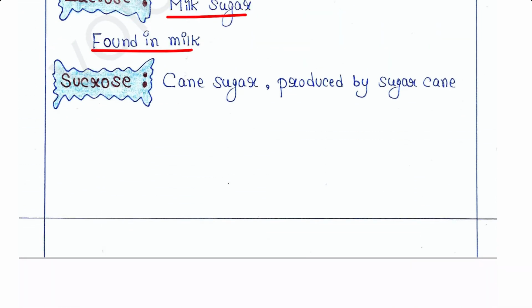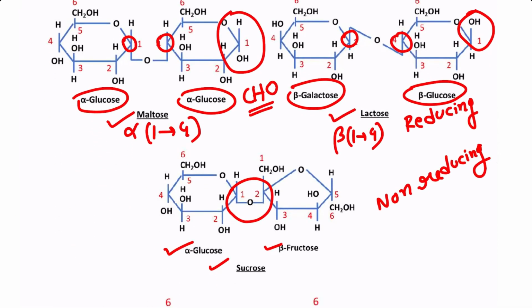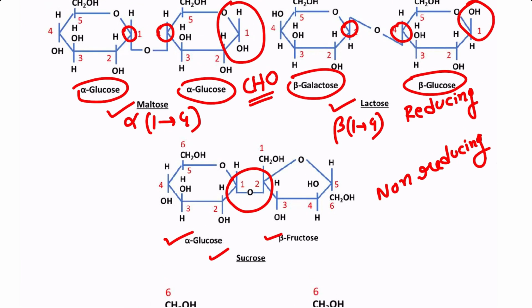Next is sucrose. Sucrose is more commonly known as cane sugar. It is mostly produced by sugarcane. It is composed of alpha glucose and beta fructose units held together by an alpha 1 beta 2 glycosidic bond.